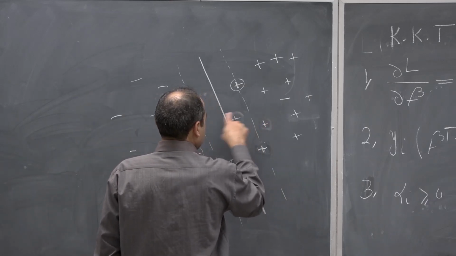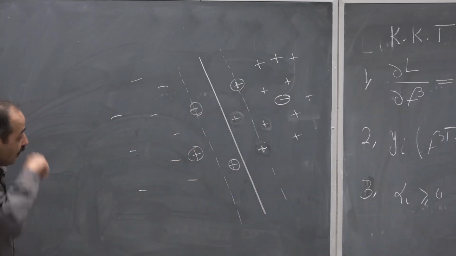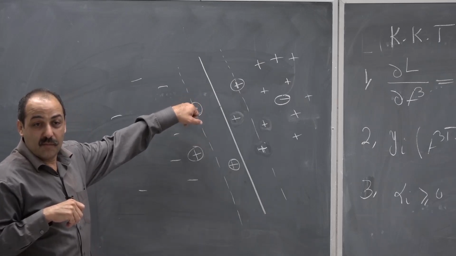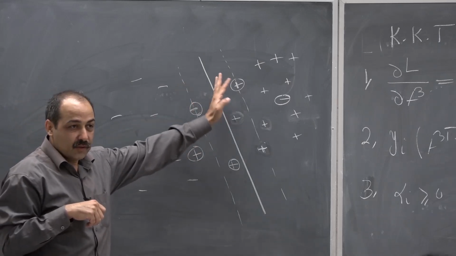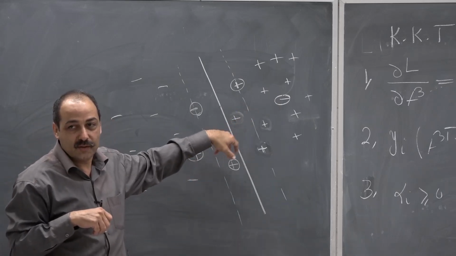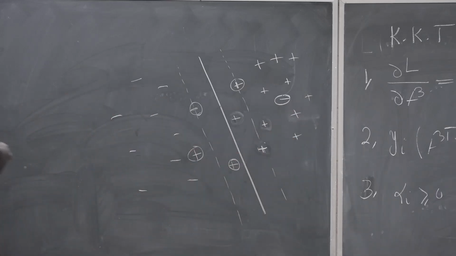Just on the right side, this is a support vector, and this is a support vector. Those points that are on the margin make decisions about the decision boundary. Those points that violate the margin also make decisions about the decision boundary. And all other points have no role here.